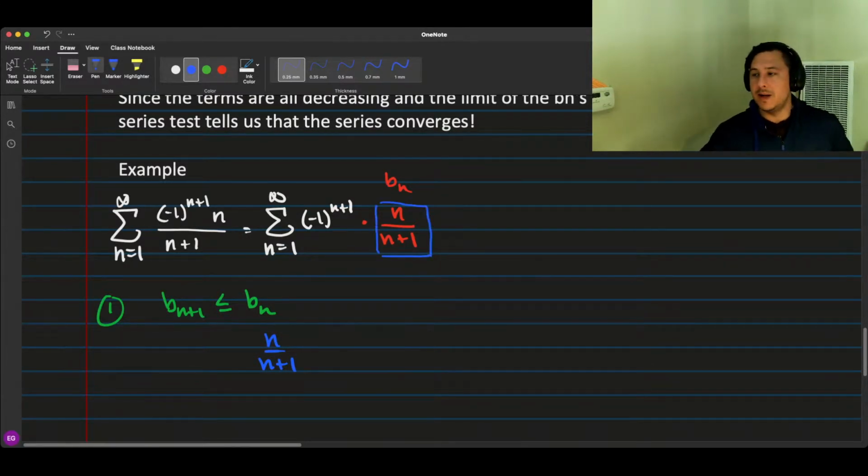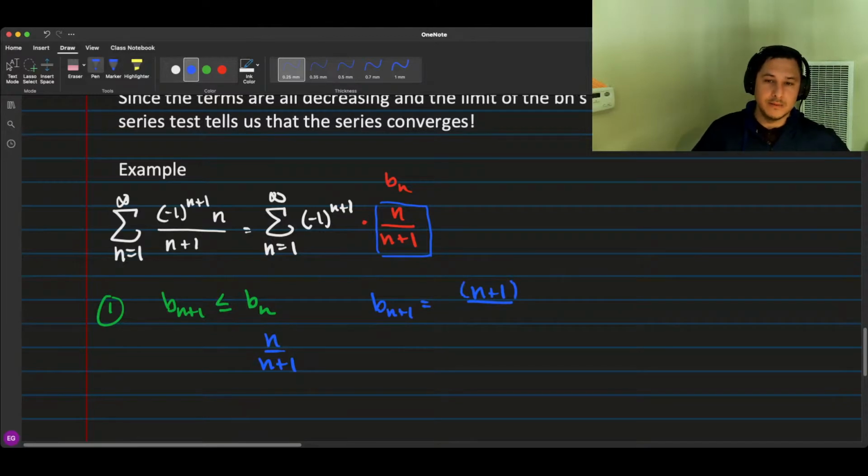Now, how do you figure out what bn plus 1 is? Well, I need to replace all of those n's with n plus 1. So the top part of my fraction becomes n plus 1. Let's put parentheses around it so you can see that I made the replacement. The n gets replaced with n plus 1, and then you get plus 1. So you get n plus 1 over n plus 2.